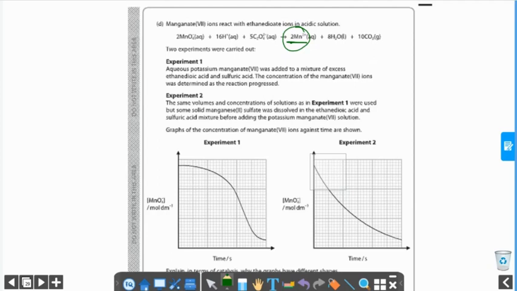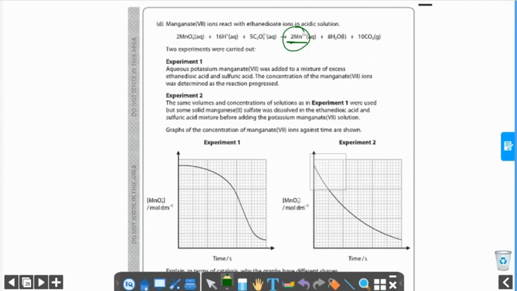But in experiment 2, you are adding manganese 2 plus, which means you're adding the catalyst from the beginning itself. So in experiment 2, you can notice the drop in the concentration is much greater.